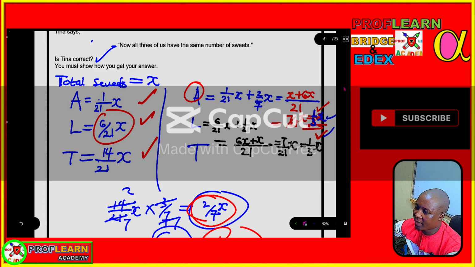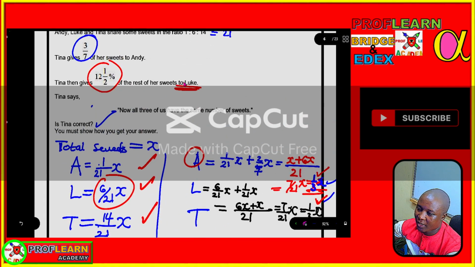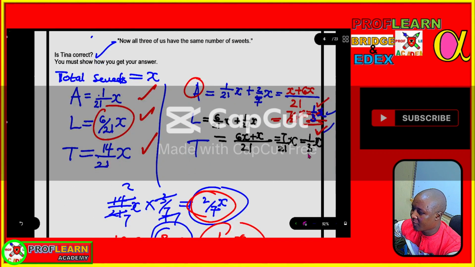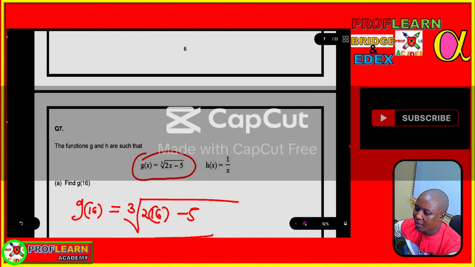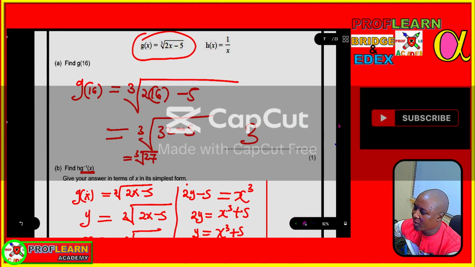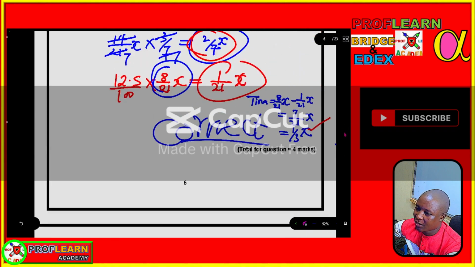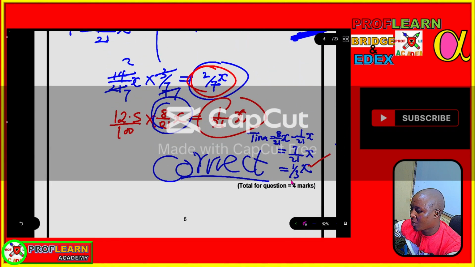And she also gives 12.5% of the rest to Luke, and that gives us also this value. And then the amount of sweets she remained with in that case was this, which is 1/3 of x. And basically that's what we did in that particular live.